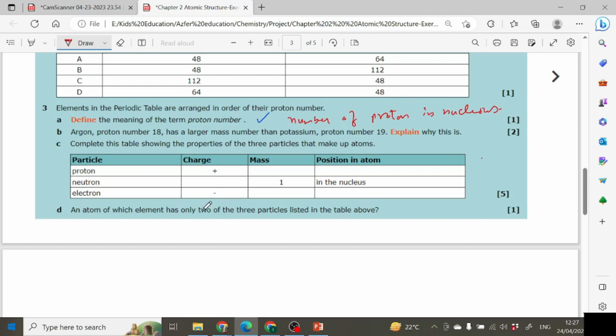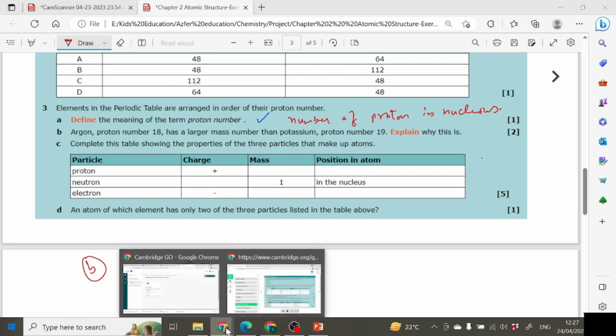Argon proton number is 18. Argon has a larger mass than potassium, proton number 19. Explain why this is. Okay, so we have option B, we have to explain here. Argon is 18 and potassium is 19.